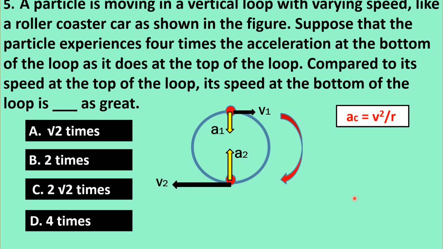So what do we do? We recall the formula for centripetal acceleration, which says a_c is equal to v squared over r.